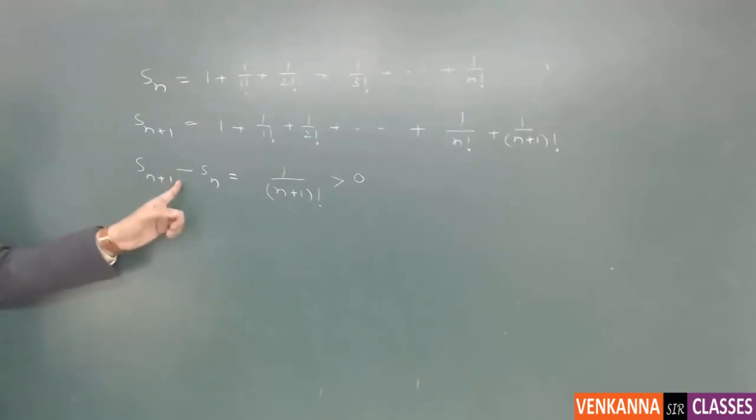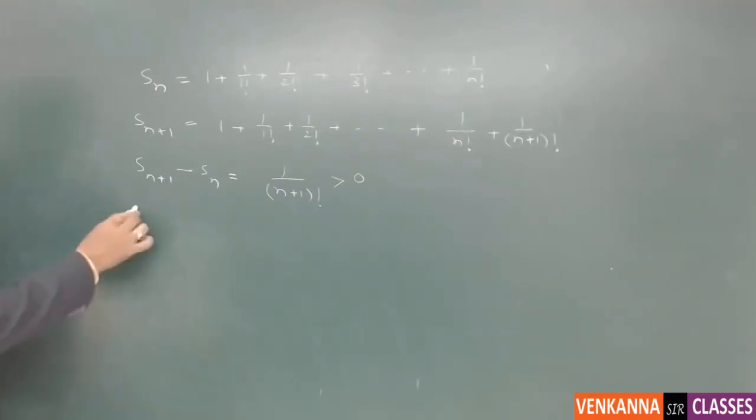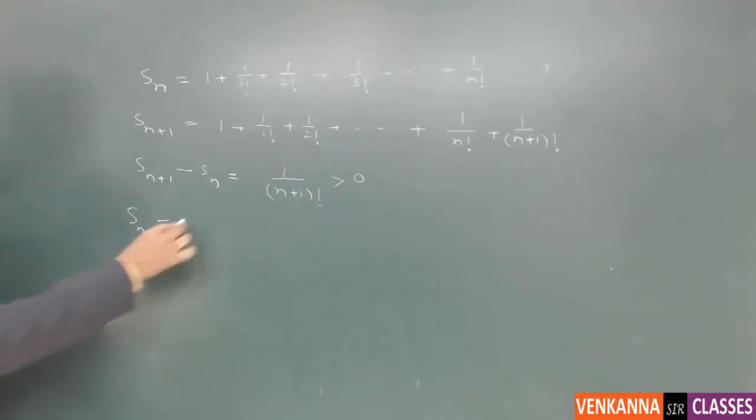So at this point, what we can say? It is an increasing sequence. Accepted to all. Now, how to find its bound? It is the issue here. So again, take Sn.